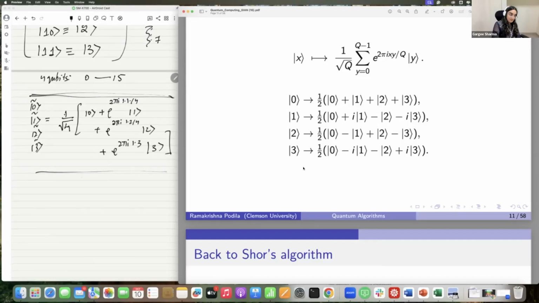That's how you do the Fourier transform of multiple qubits. Then you can see what will be the corresponding unitary gate. It will be half times the matrix with rows 1, 1, 1, 1; 1, I, minus 1, minus I; 1, minus 1, 1, minus 1; and 1, minus I, minus 1, I. This is my particular unitary transformation.